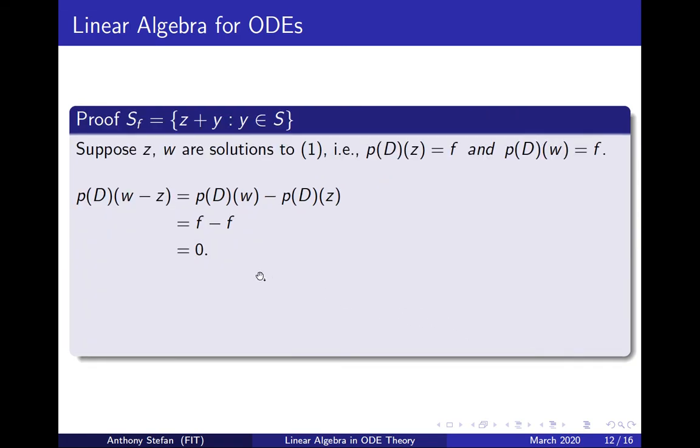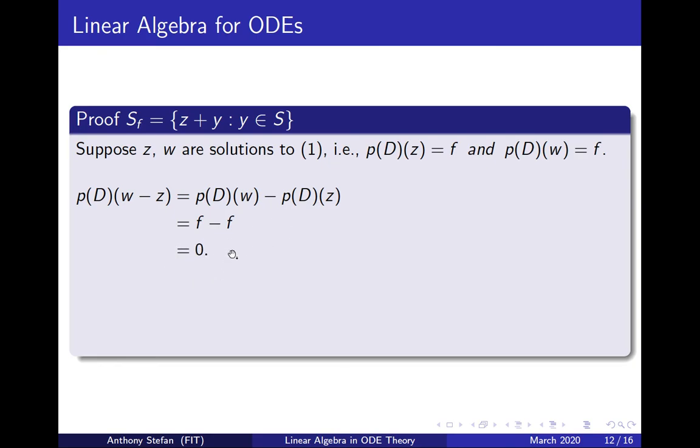Suppose Z and W are solutions to 1, and clearly it would just be P of D on Z is equal to F, and P of D on W is equal to F. Then P of D on W minus Z, because of the linearity, would be equal to 0.